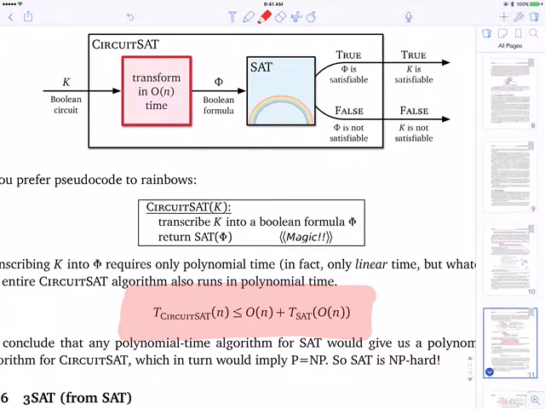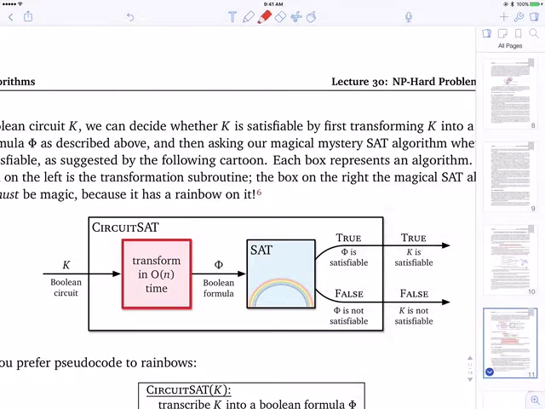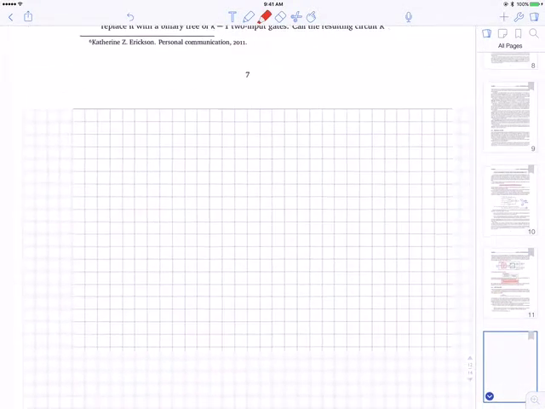But we believe that this function on the left is exponential. And therefore, this inequality implies that this function on the right is exponential. Okay? All right. So this is a simple example of how to actually prove that a problem is NP hard.